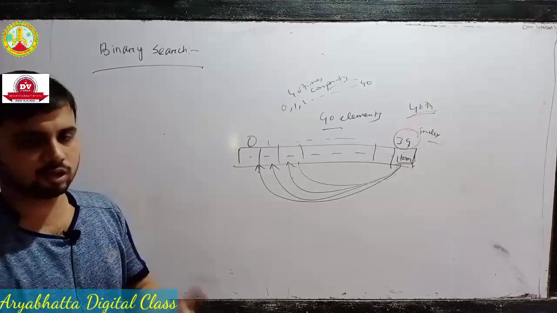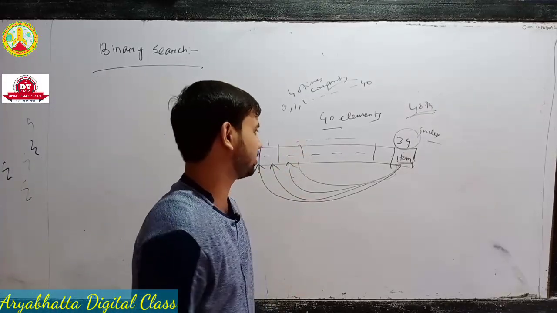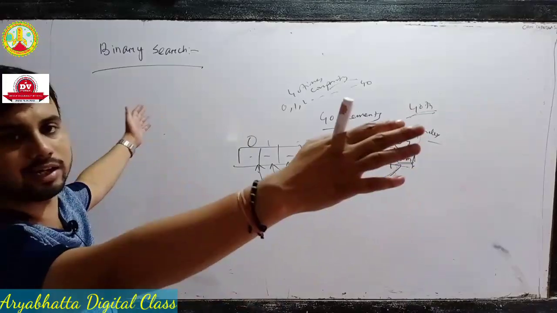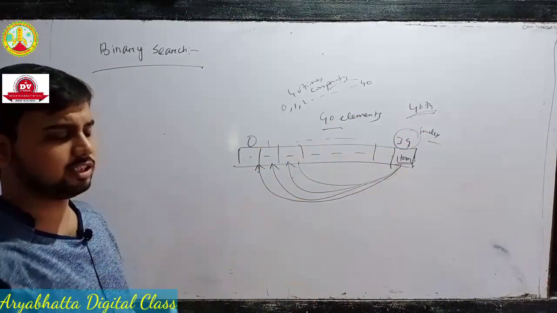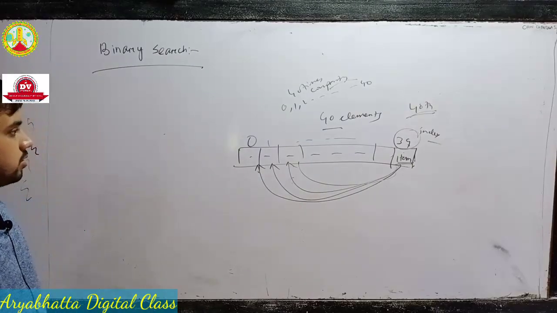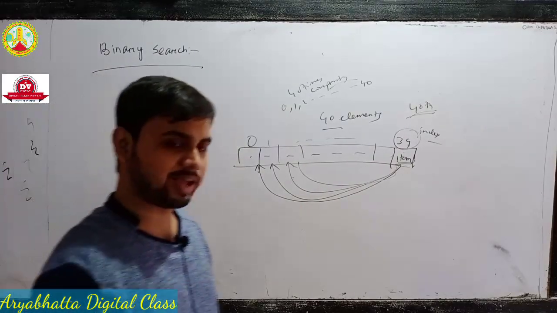In linear search, suppose there is a very big array and your search item is in the last portion, you have to search many times.